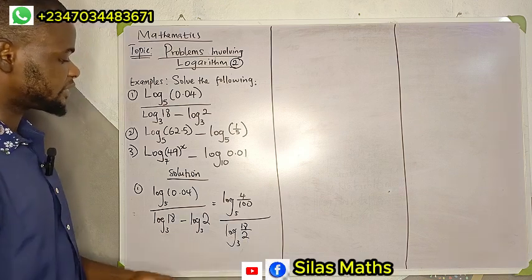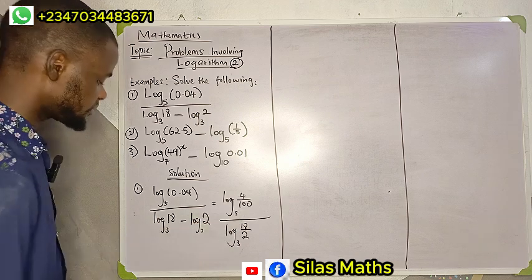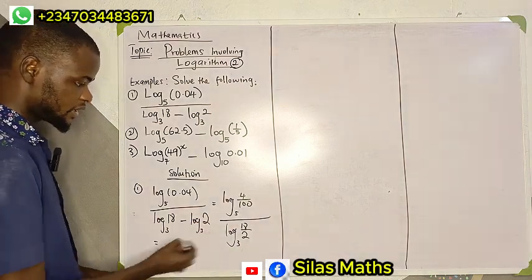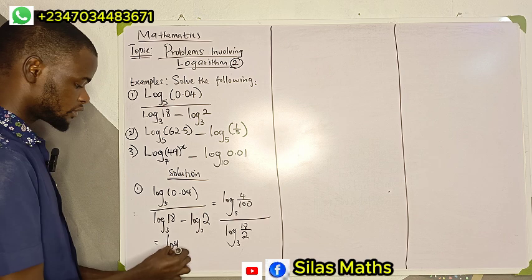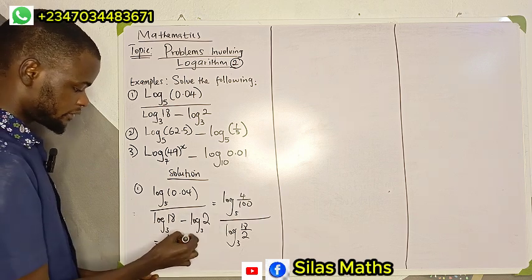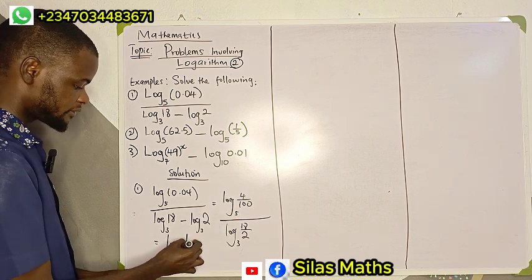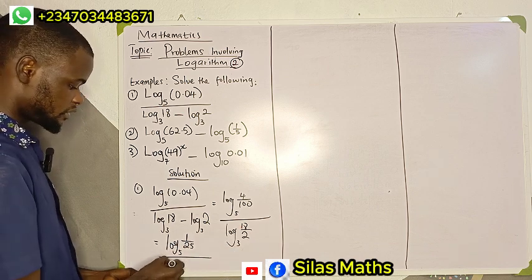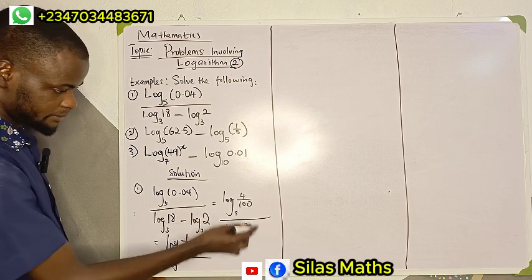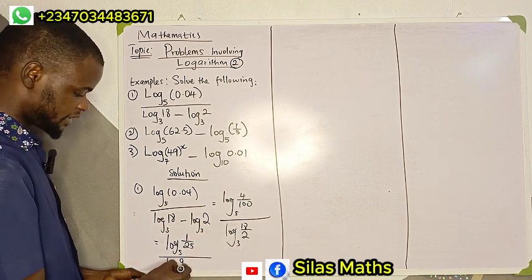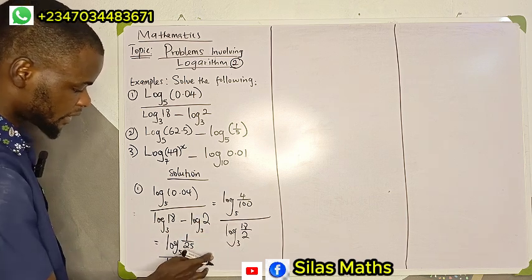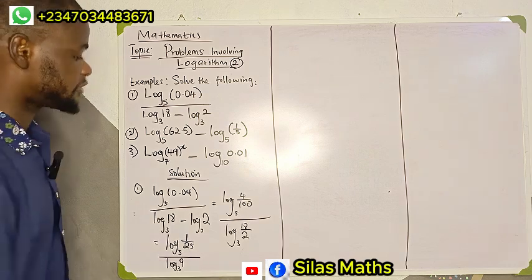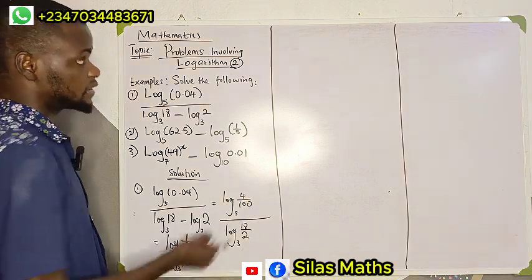Then we simplify further, reducing this fraction to the simplest form. We are going to have logarithm of 1 over 25 base 5 all over logarithm of 9 base 3.